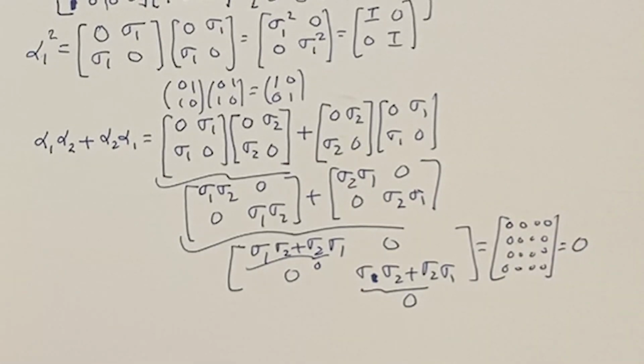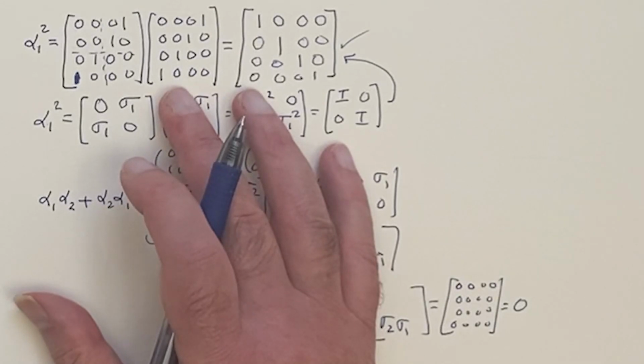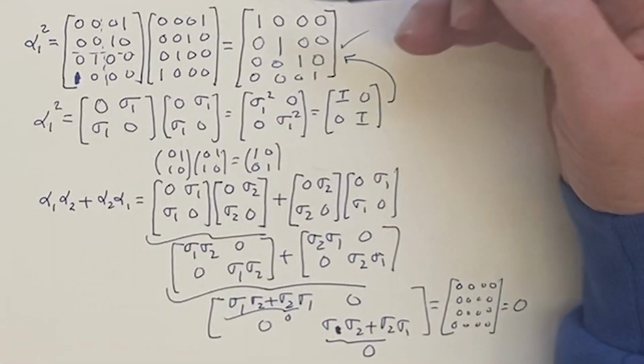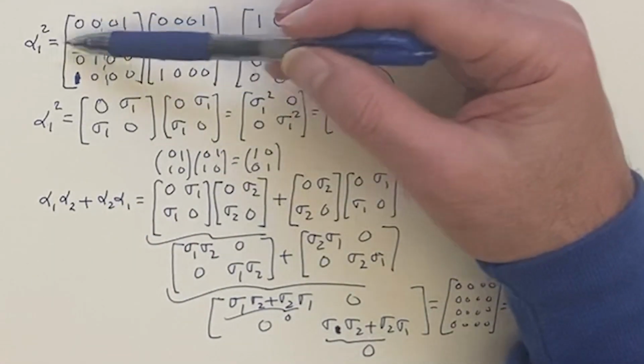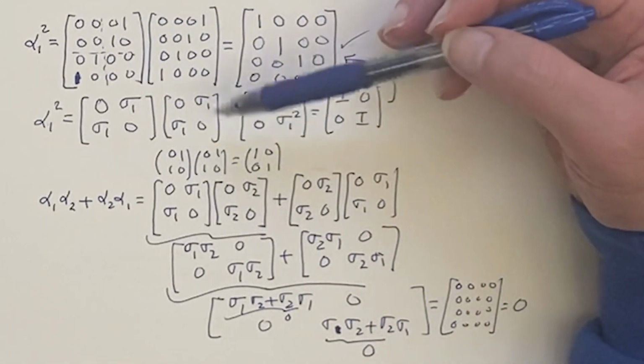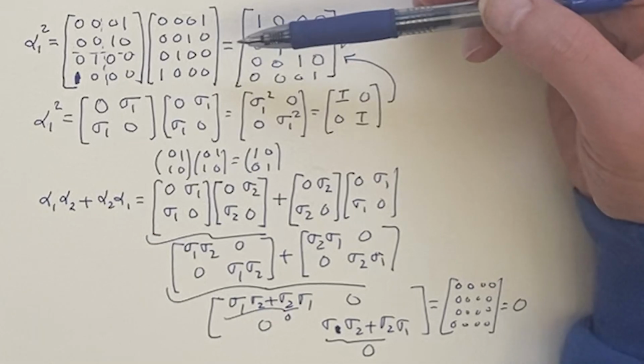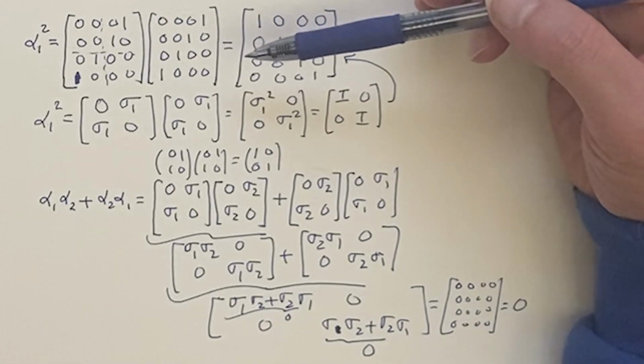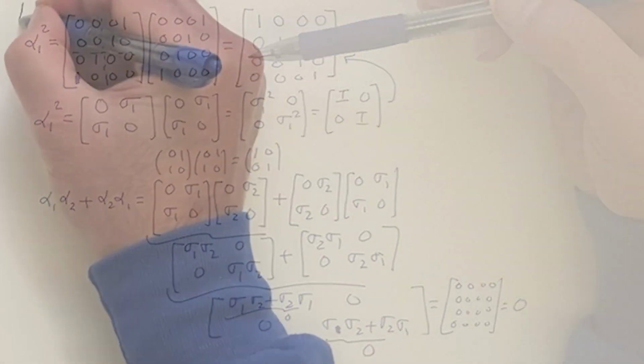You get 0. So you can check out some of the others. And I recommend doing it both ways for some of them. Doing it by the 4x4 and then doing it by the Pauli shortcut, where you're looking at chunks of 2x2s.